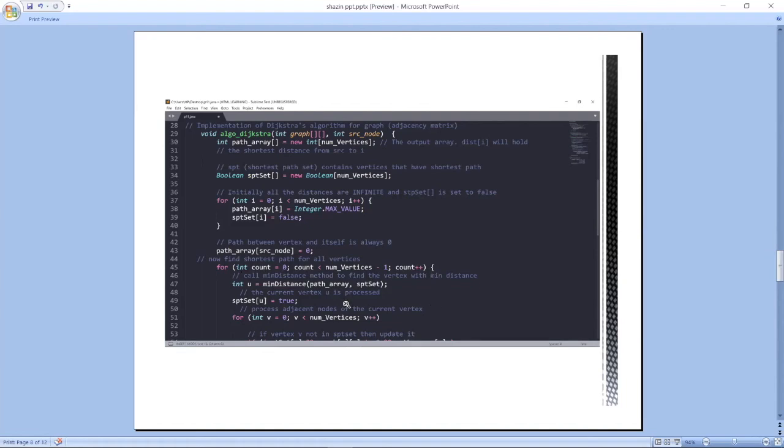Next, I am going to call the mean distance method to find the vertex with minimum distance: int u equal to mean distance of path array and shortest path set.